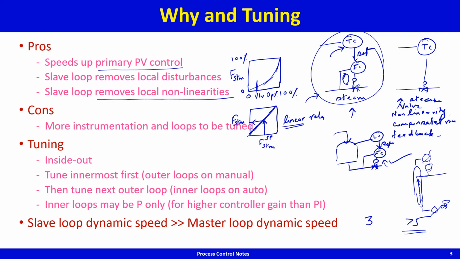Flow changes over a few seconds. Tank residence time changes over a few minutes. So the time scale of the flow loop and the time scale of the master level loop are orders of magnitude apart. It is because of this time scale separation that you can have a slave flow loop and then the master level loop sets its set point. So this is a fundamental thing. Time scale separation is what allows the use of cascade control.